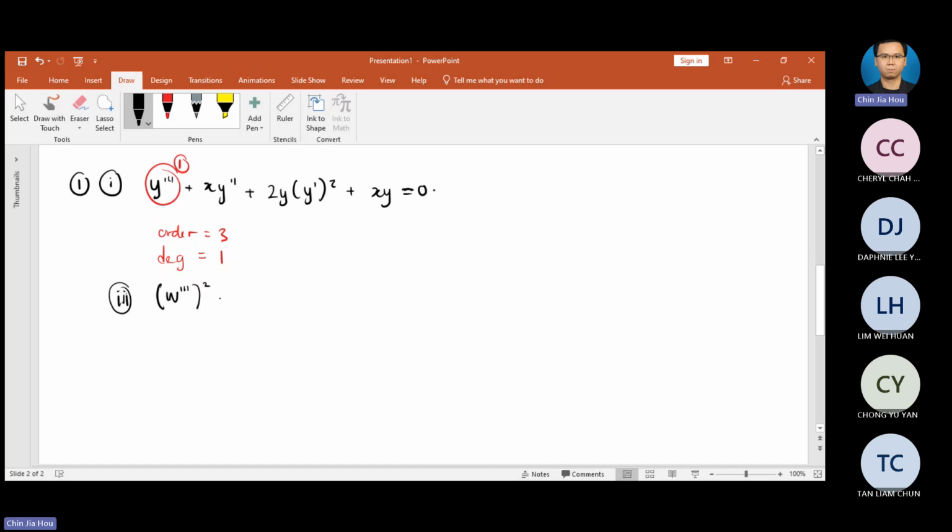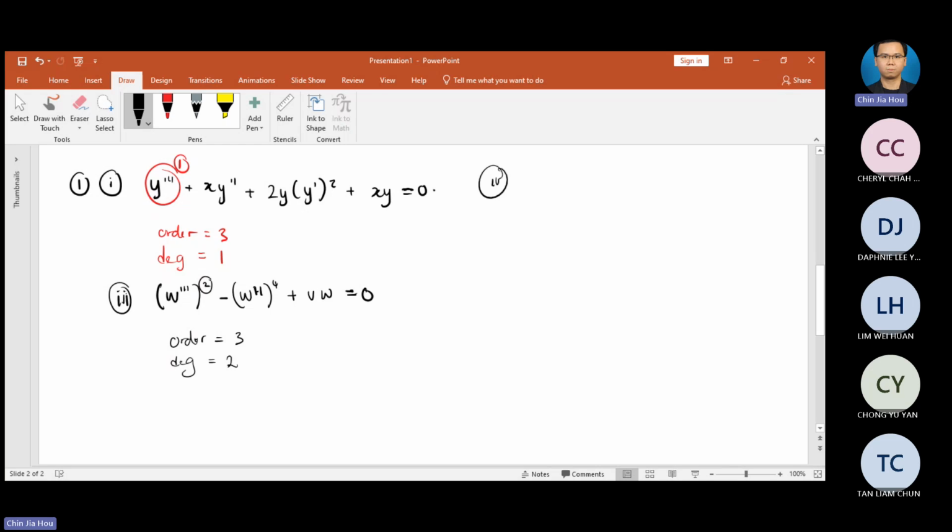It's not an equal sign, the typo is minus, w squared to the power of 4 plus v w equals to 0. So what is the order? The order here is again 3. And the degree, the so-called power of the highest order derivative, here it is 2. So just 2.